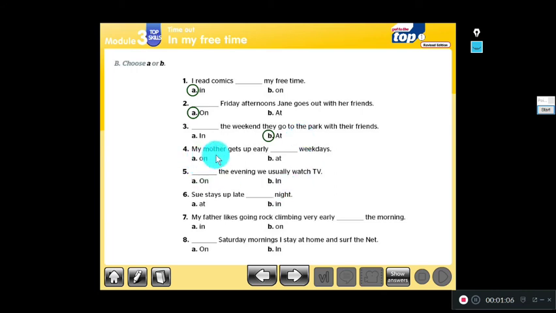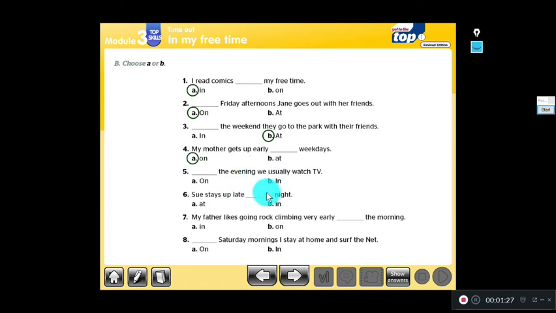Number 4. My mother gets up early. Weekdays, días de la semana. With on weekdays. The evening, we usually watch TV. In this case, we have the evening.